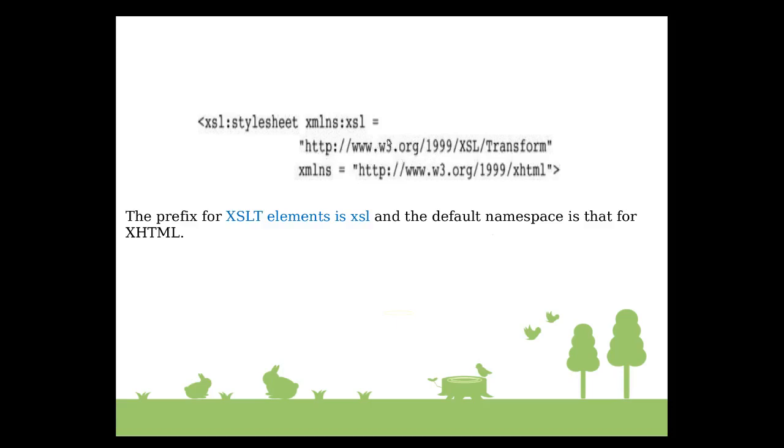This is not the default namespace, that is why it is prefixed with the name xsl. And this namespace is for the elements associated with XHTML, so this is taken as the default namespace for this style sheet. So here you can see the prefix for XSLT elements, that is xsl, and the default namespace is that of XHTML.